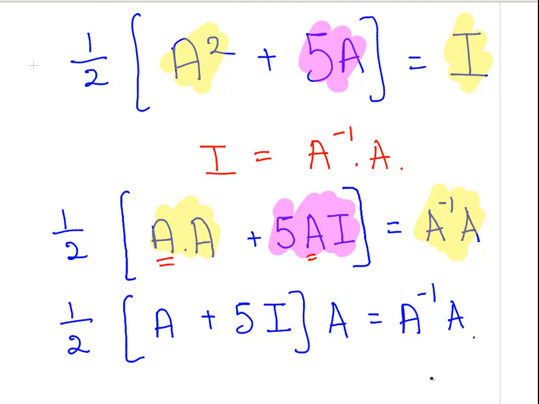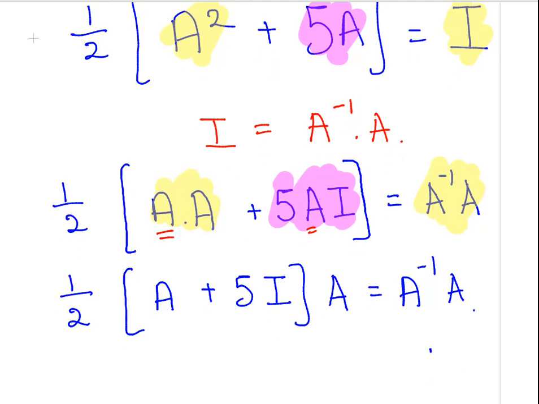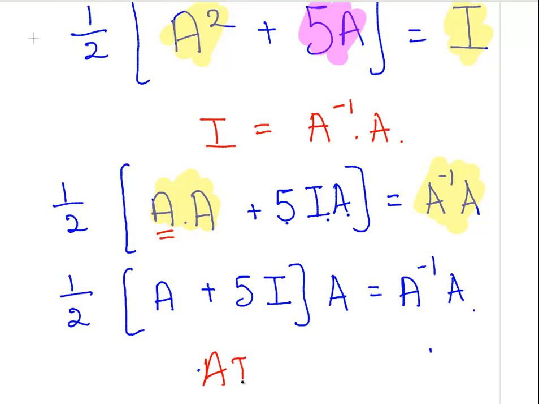Just to make it clear, I'm writing 5a as 5 times I times a, replacing a with I times a, a little bit clearer as to what I'm doing. To be absolutely crystal clear, a times I is equal to I times a, and it didn't really matter, but it just makes the ordering clear.